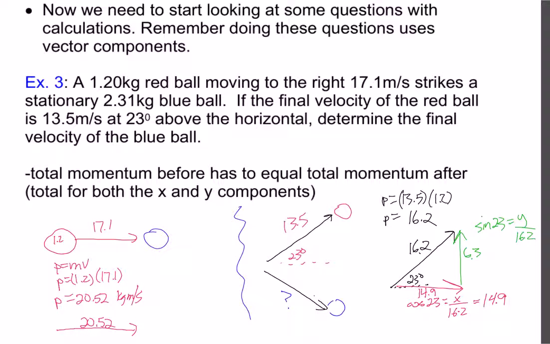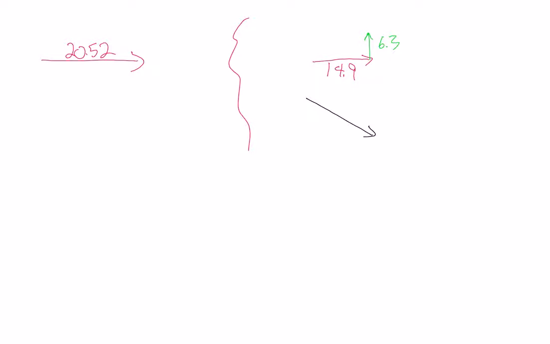So if we go back to this diagram, let me show you here. We have a horizontal vector and a vertical vector for the one that we're looking for. If we can calculate those components, we should be able to figure out our final answer. So off our diagrams, we need to calculate the vertical and the horizontal components of that last vector, and then we should be good.